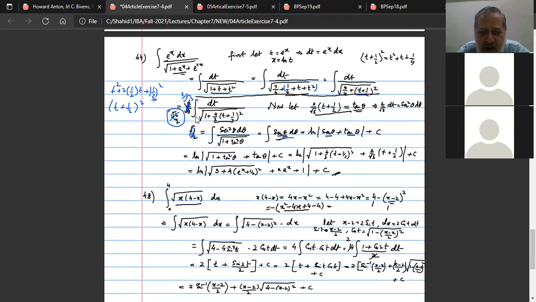Again, ln secant theta plus tangent theta. So secant theta will be written as square root of 1 plus tangent square, and then the value of tangent from here. It will be written in this form first, but the original variable was x, and we said that t is equal to e power x or x is equal to ln t. So t is equal to e power x will be substituted back and simplified, constant not considered.